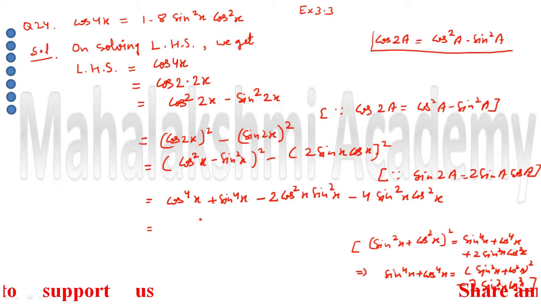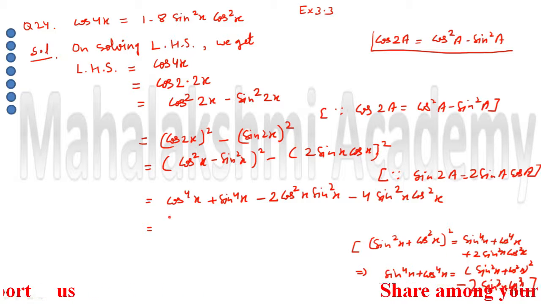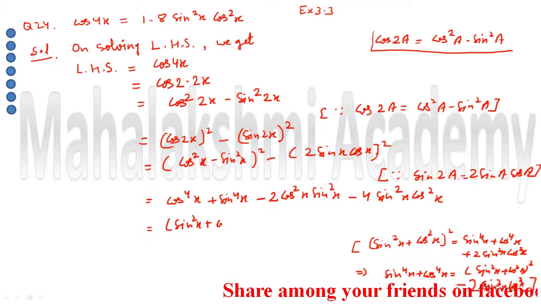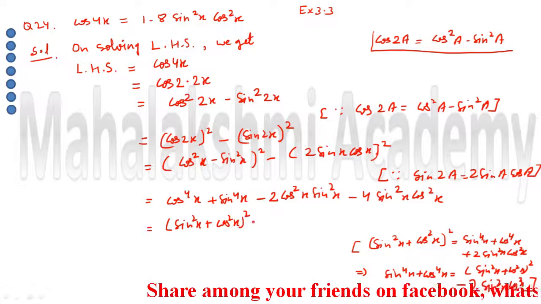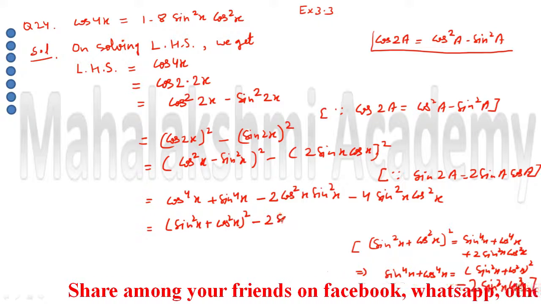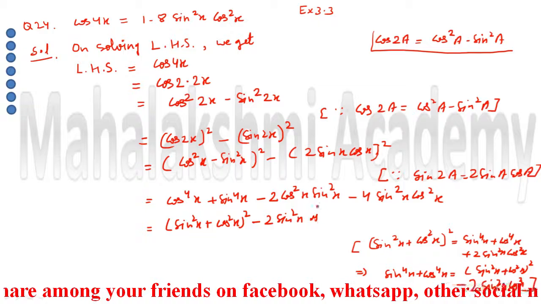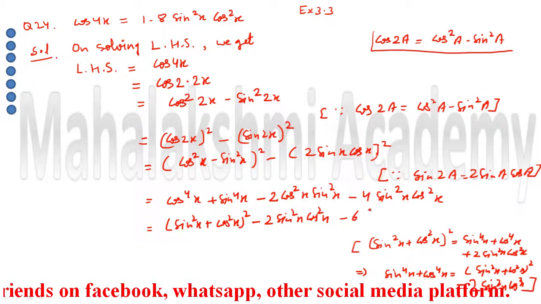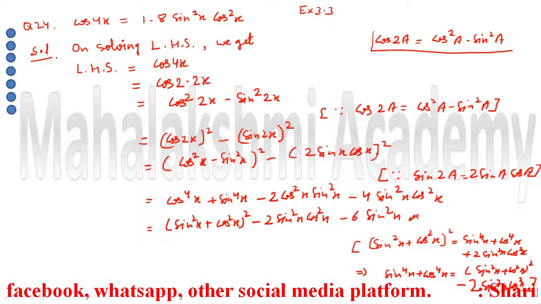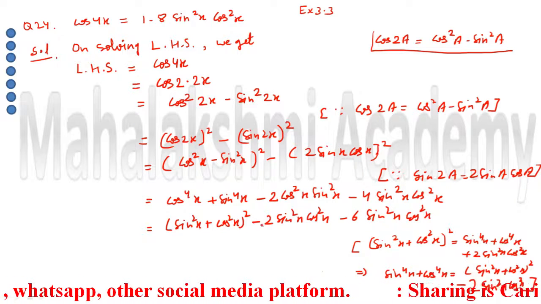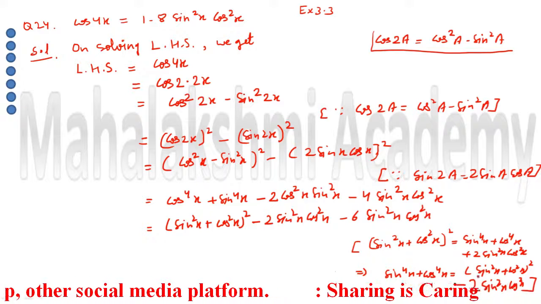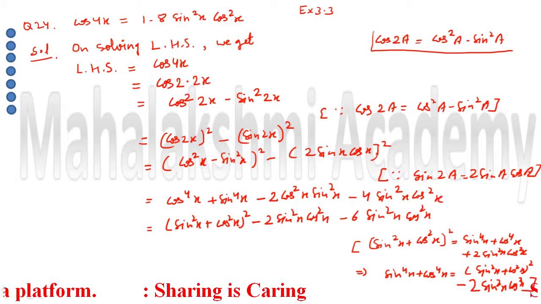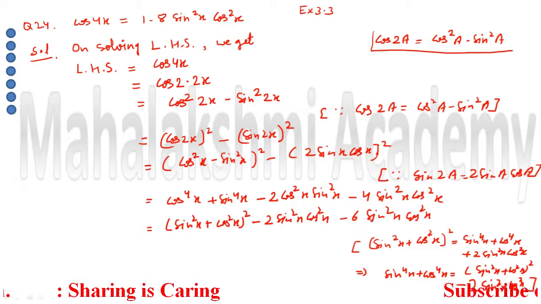So when we write it, it's going to be sin square x plus cos square x whole square, then minus 2 sin square x cos square x, and this 2 and this 4 will get added. So it's going to be 6 sin square x and cos square x. These two terms I wrote from this formula, and this 2 cos square sin square and this 4 sin square cos square I added, which gave me the 6.